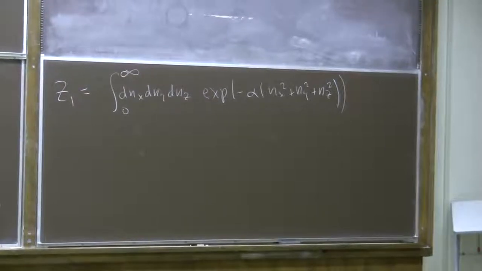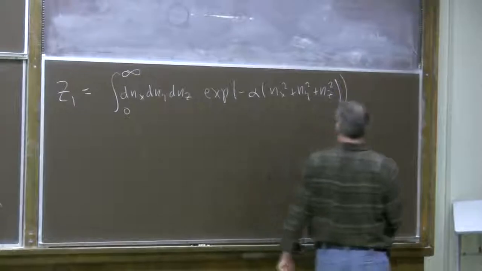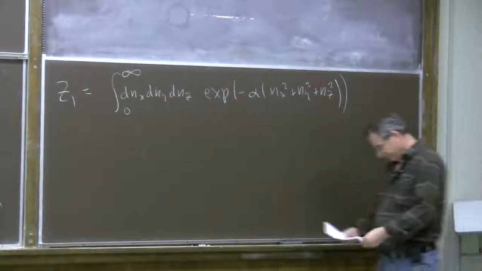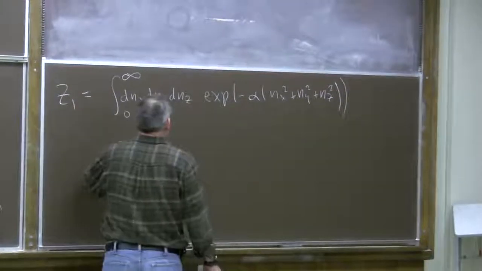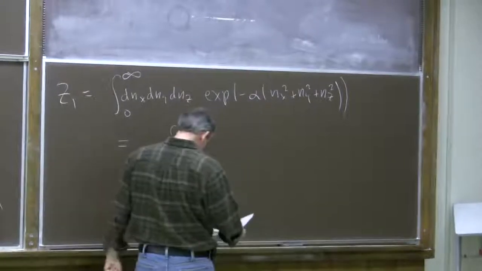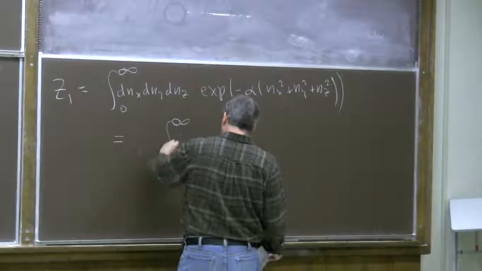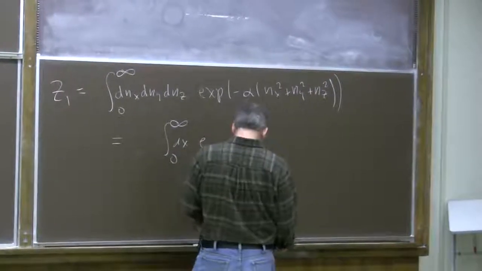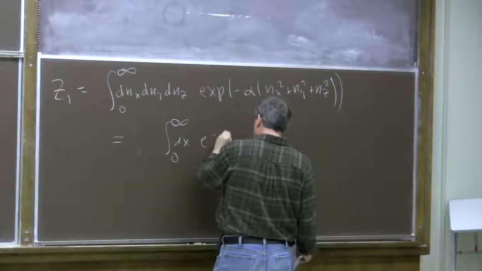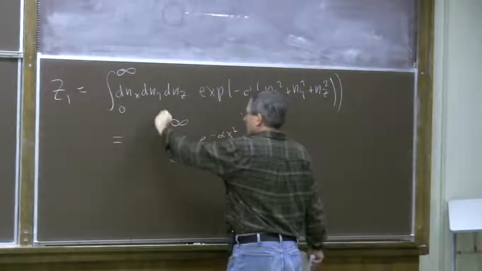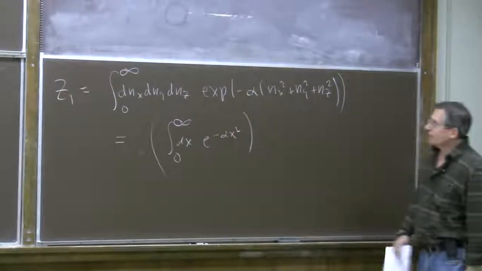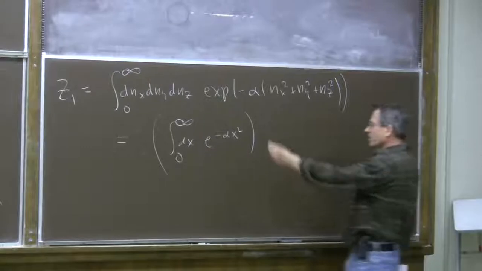So this is great because this is an integral I know. It's a Gaussian integral. In fact, it's the same integral three times: the integral from 0 to infinity of e to the minus alpha x squared, for the n_x integral, the same thing for the n_y integral and the n_z integral, so it gets cubed.